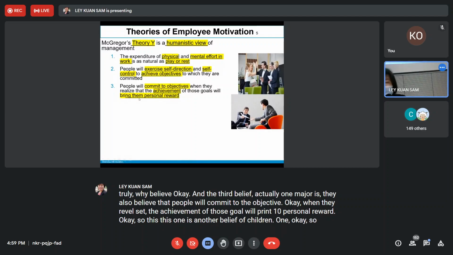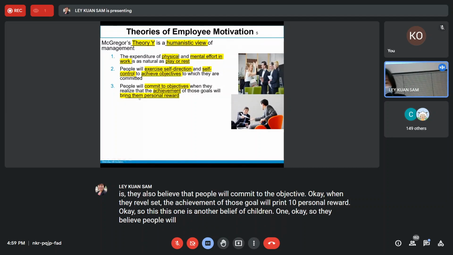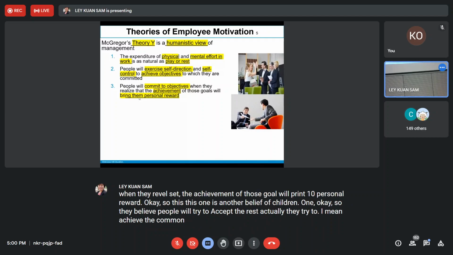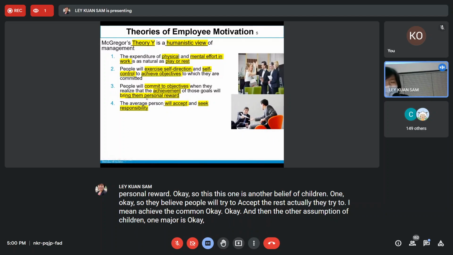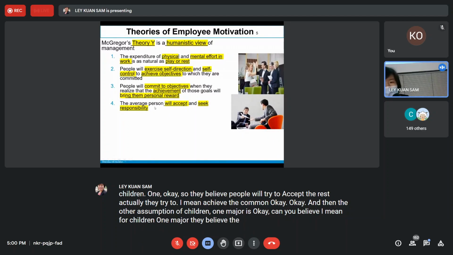So they believe people will accept responsibility and try to achieve the goal. Another assumption of Theory Y managers is that the average person will accept and seek responsibility.